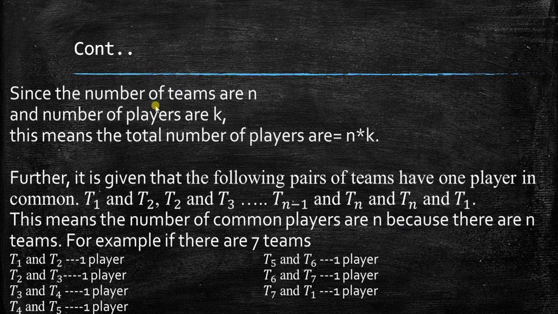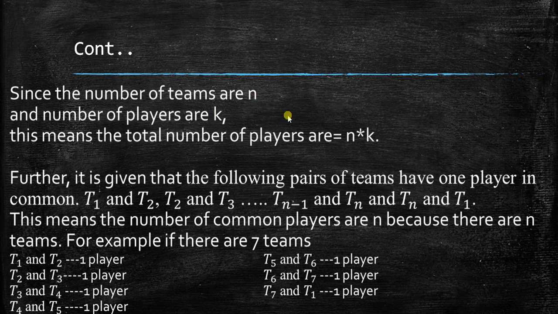Firstly, since the number of teams is n and the number of players is k, this means the total number of players is n into k. Why? Because, for example, if there are two groups and each group has two members, K is for members, two groups, two members.